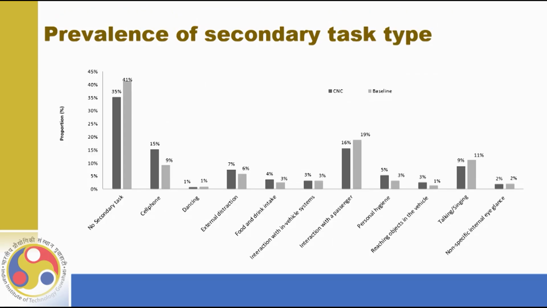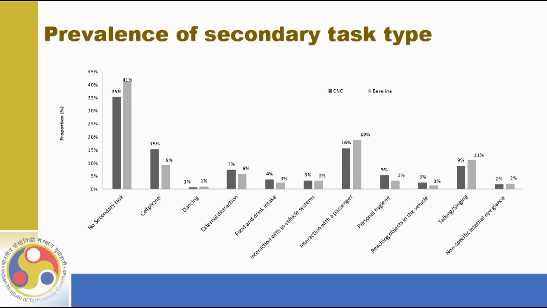First we looked into the prevalence of these different tasks. We considered the critical events from the data reduction and compared them with the baseline. Baseline means the normal driving. You can see that no secondary task, meaning only driving, is the predominant one in both the safety critical events and the baseline.